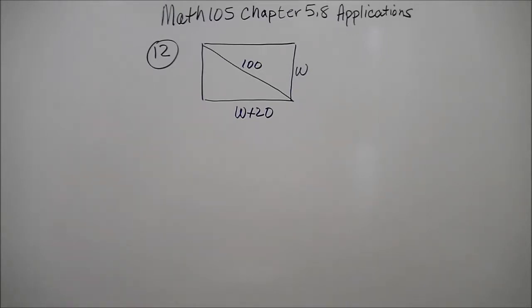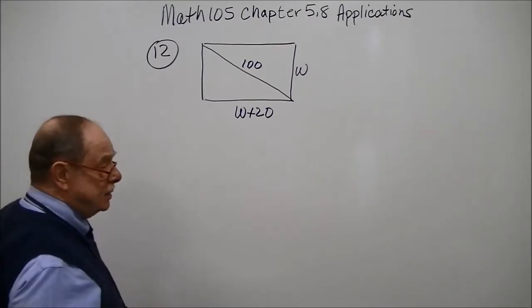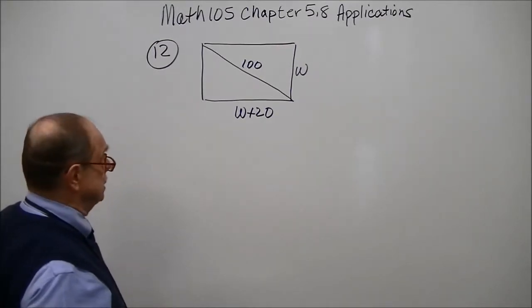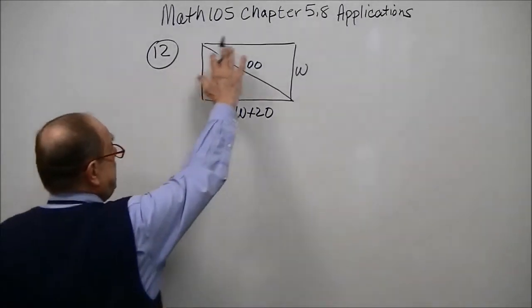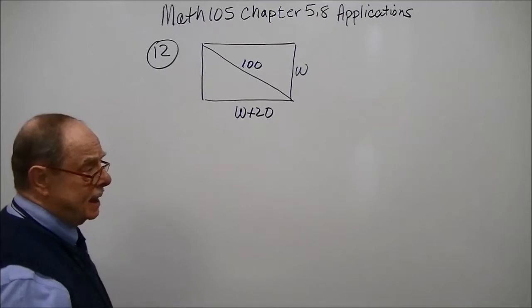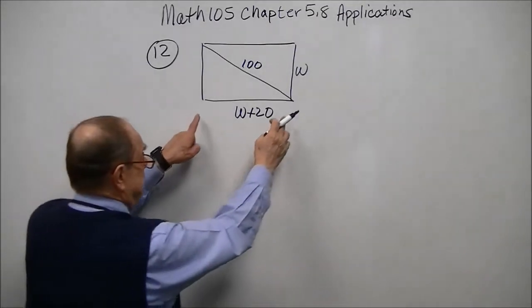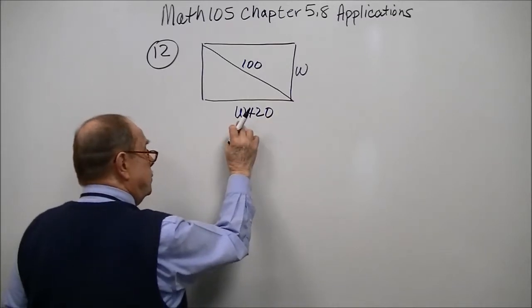As we look at example 12, they talk about a rectangular yard. So as soon as I hear the word rectangular, I make a rectangle. They also tell us that the length of the yard is 20 feet longer than the width.